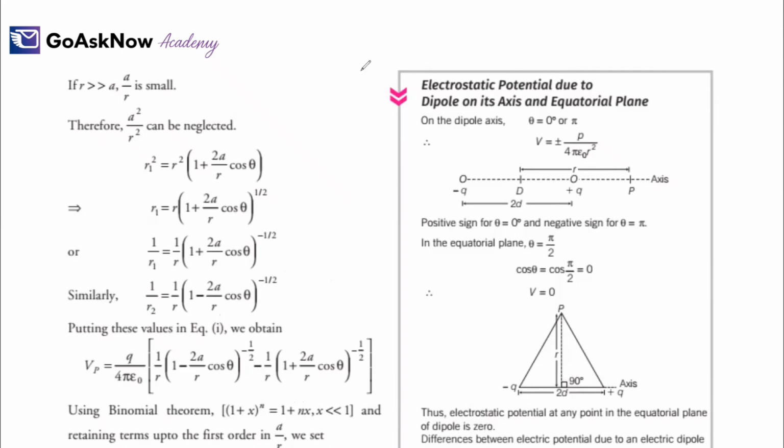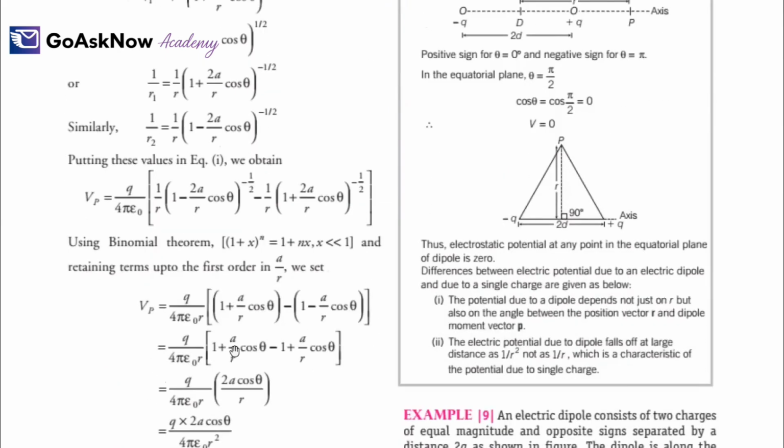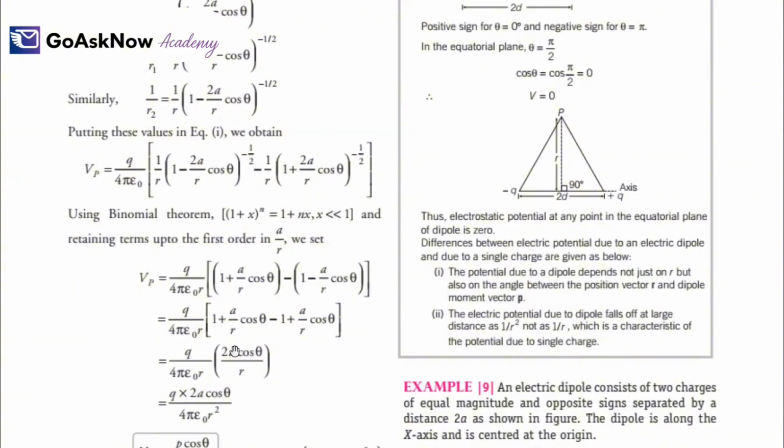So when we apply this formula here, what we will get? Vp is equal to q by 4 pi epsilon naught small r into (1 plus a by r cos theta) minus (1 minus a by r cos theta). I will show you how this has come. Vp is equal to k q by small r, because 1 by r is common here, so you take it outside. Now apply 1 plus nx.